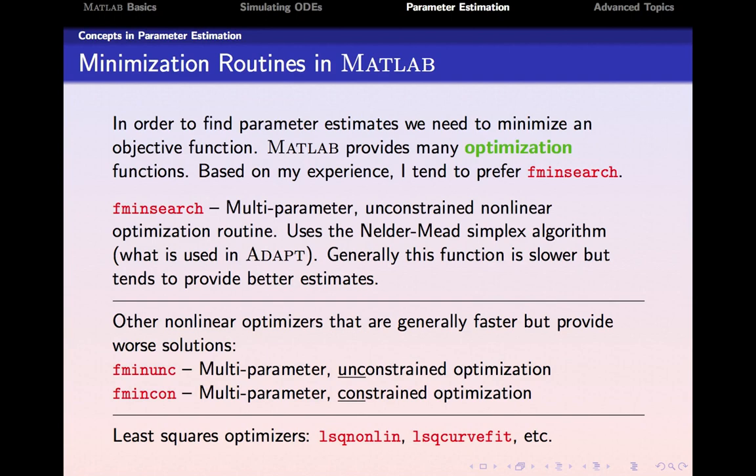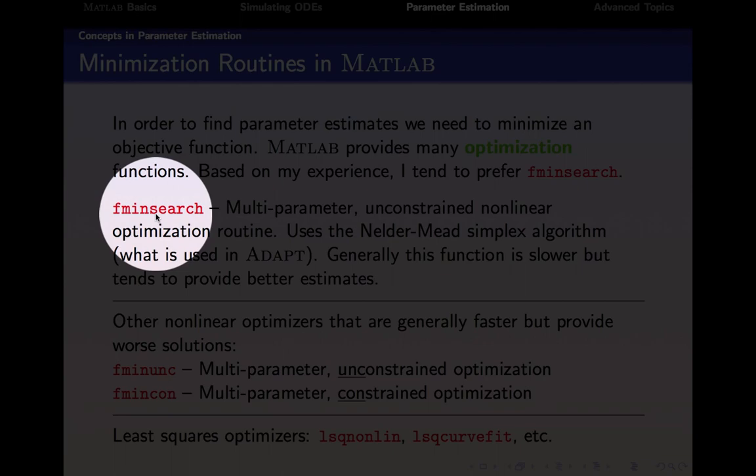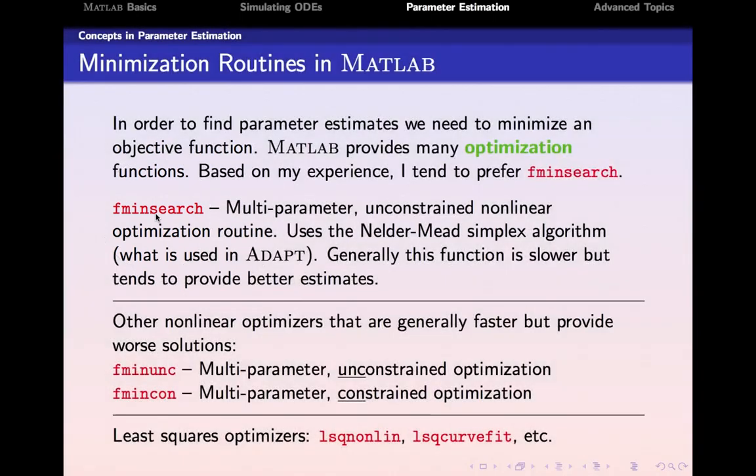You can incorporate constraints into fminsearch. It's a little tricky, but that's possible as well. And then they have least squares optimizers. So if you want to do a least squares estimation, you can use lsqnonlin or lsqcurvefit. But for all the examples shown here, we're going to use fminsearch as our optimization routine within MATLAB.